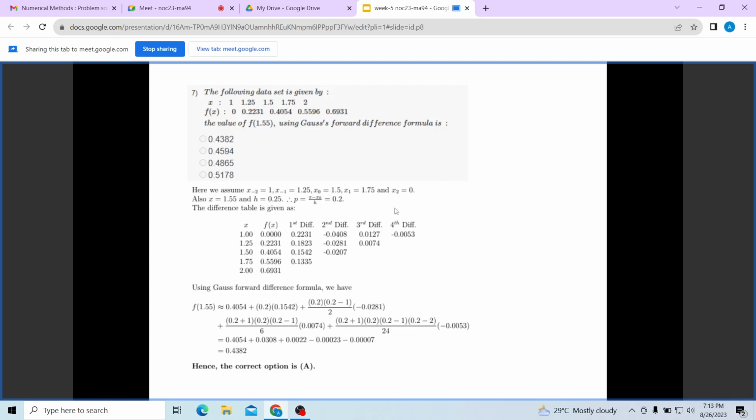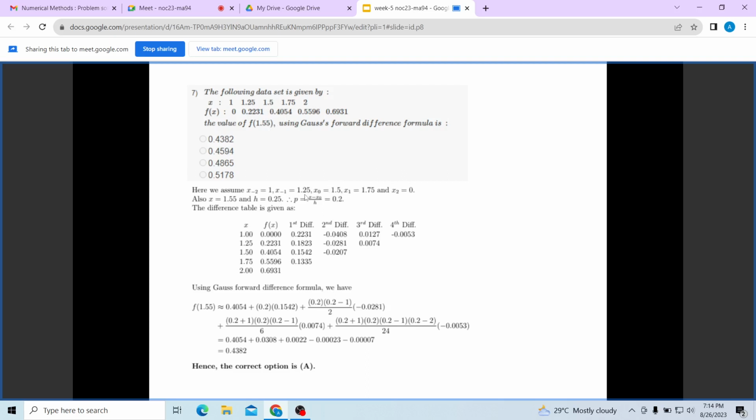For that, first calculate the difference table as we did in the previous cases. Write x, f of x, then find the first difference column, second difference column, third difference column, and fourth difference column. Here you have to calculate the value of f at 1.55, which is near 1.5, so take x naught as 1.5.